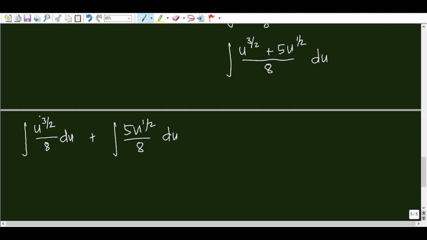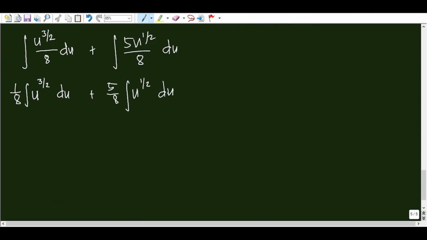Yan. Then, ilalabas ko yung constant, that is 1 over 8, the integral of u raised to 3/2 du plus 5 over 8 integral of u raised to 1/2 du.